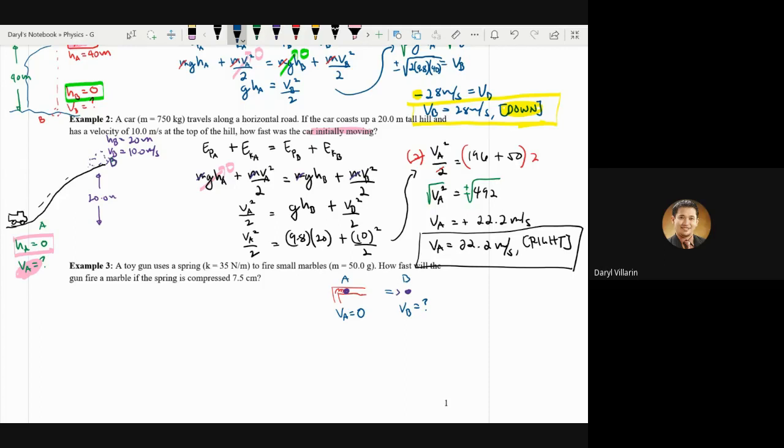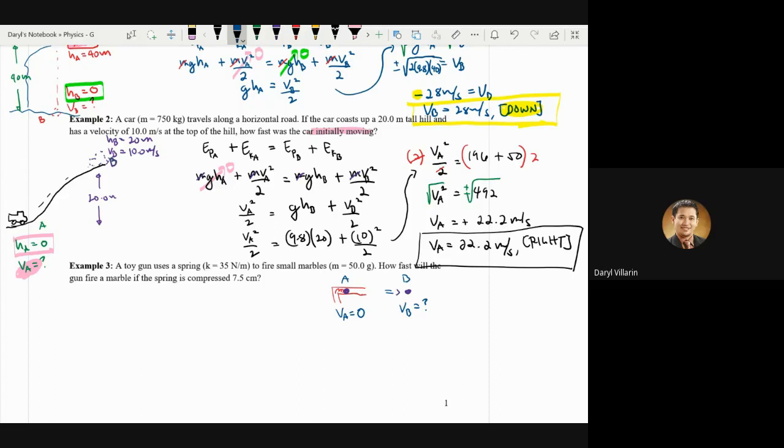So for sure it's moving. So how fast will the marble fire? The spring is compressed. Actually, this is the marble when it leaves the spring. So that would be its velocity. What would be its velocity once it leaves that particular spring?